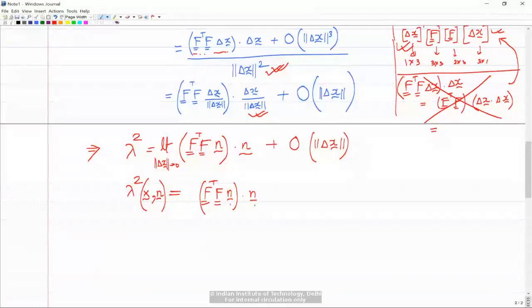The stretch square in a body varies from point to point in the body, and also at a point it changes from direction to direction.